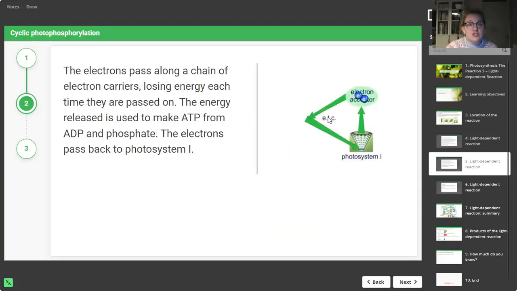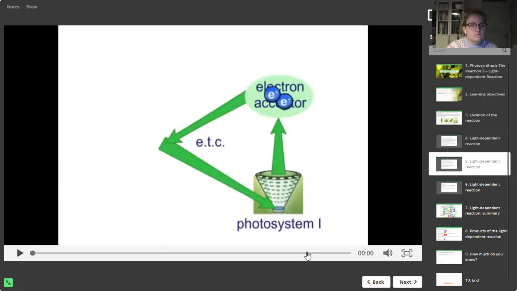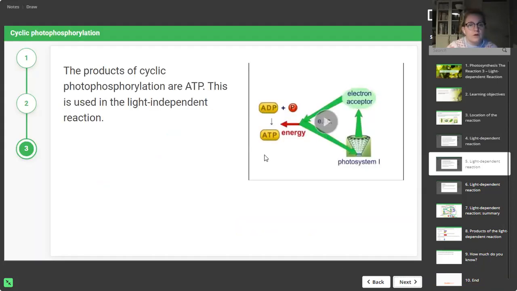These electrons pass along a chain of electron carriers, and as they lose energy, they allow ADP and inorganic phosphate to bond together to form ATP. So the product of cyclic photophosphorylation is ATP, and this is used in the light-independent reaction.